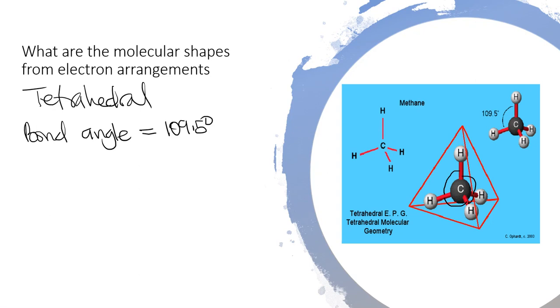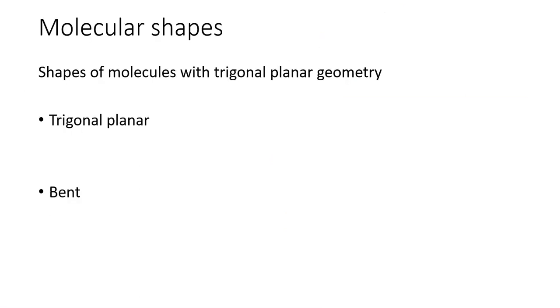So every bond angle in a tetrahedral is 109.5 degrees. So I already talked about the shape of molecules.